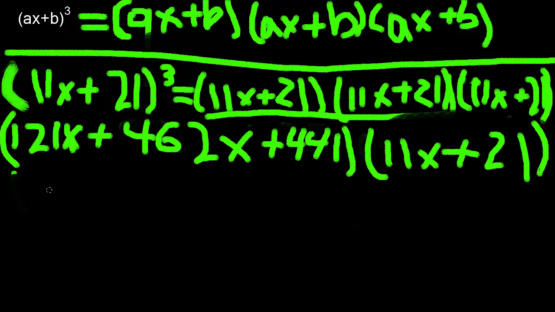So what I'm going to do is start off with our 121x times 11x, basically 11 cubed, and that's an x squared.